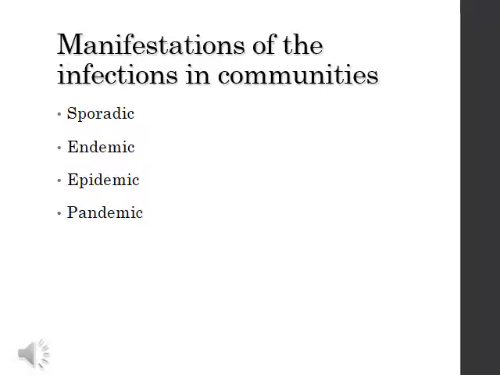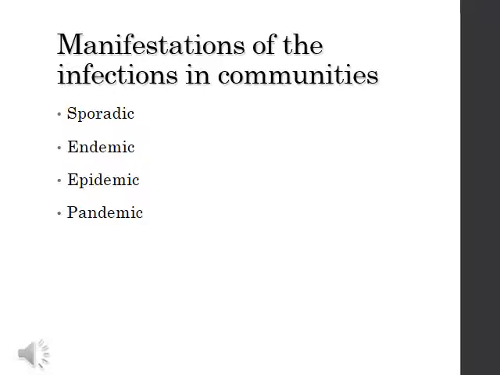there are usually four terms, and these are important in the pathogenicity of disease: sporadic, endemic, epidemic, and pandemic, for any organism or disease.